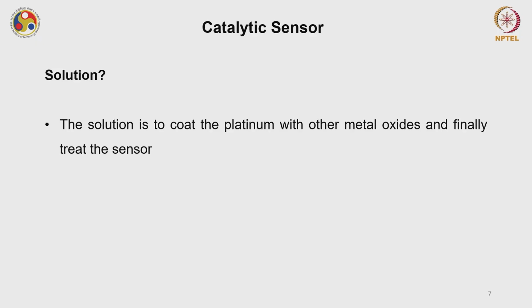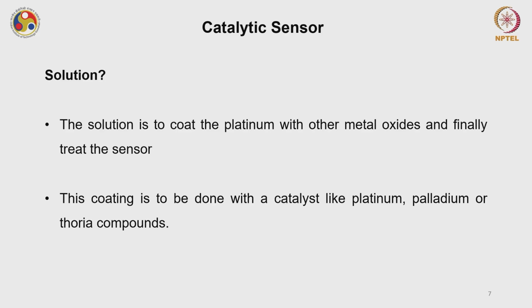The solution they found was to coat this platinum with some metal oxides and then treat this as a sensor. Metal oxides, you know, have a much higher boiling point or evaporation point. Therefore, these coatings help to keep the platinum and stop its evaporation.